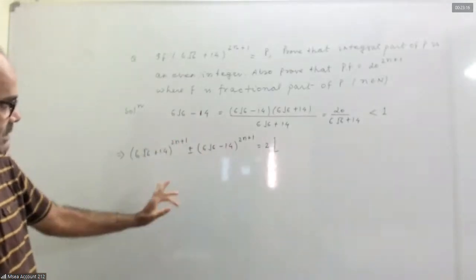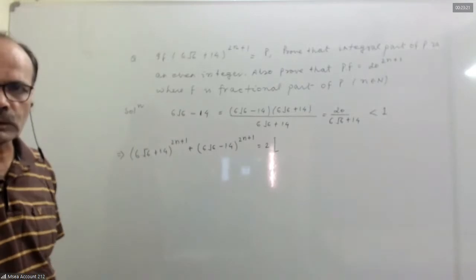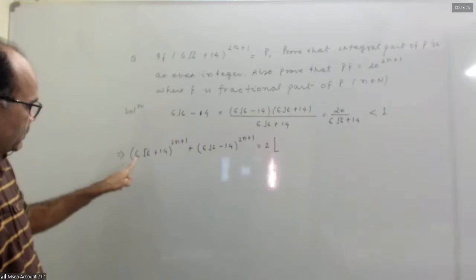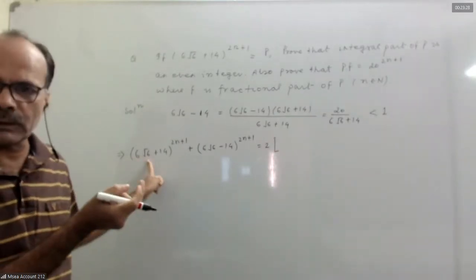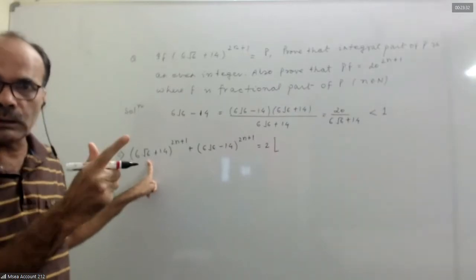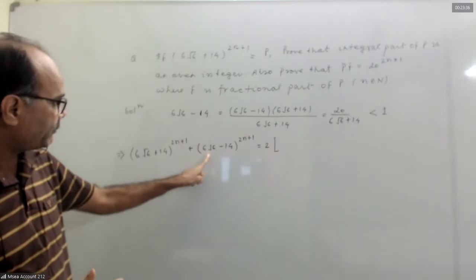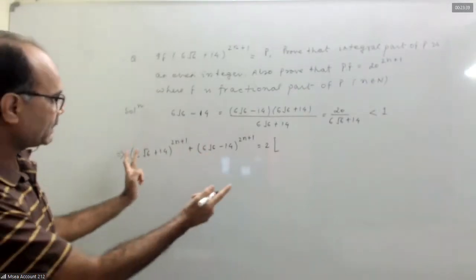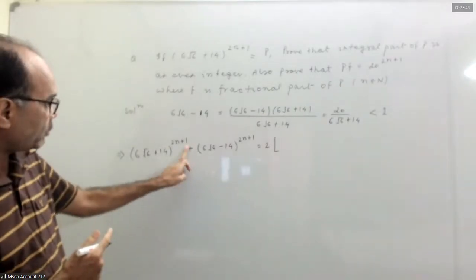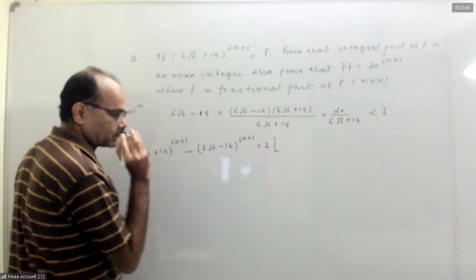Suppose you take plus, what is the first term? 2n plus 1 C0, 6 root 6 to the power 2n plus 1, that is 6 root 6 to the power odd number, an irrational number. So the irrational number will be added, the first term will be added, the second term will get cancelled. We don't want an irrational term, that's why I have taken minus here.